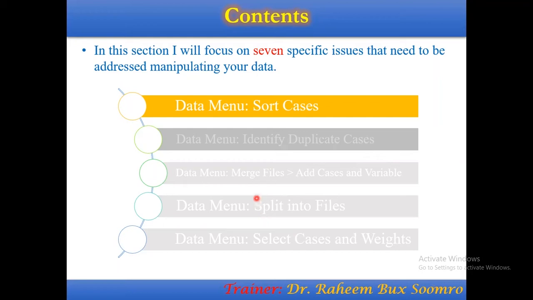This technique may help you because it will split the data file or the results on the basis of gender into two parts. You will get the results separately for the male and separately for the female. And lastly, we will discuss selecting cases.